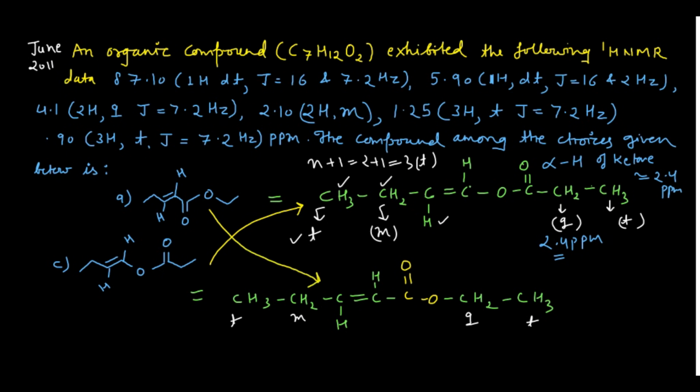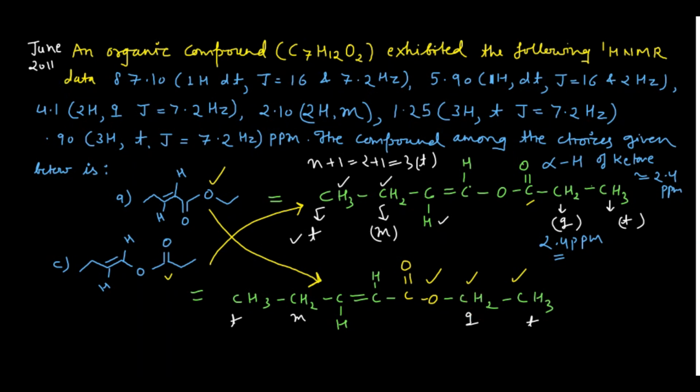Very sorry. Now it is clear. You see, this oxygen and this oxygen are connected with the CH2, CH3, and for this one, this is your carbonyl, and this is CH2, CH3. Sorry guys. So this structure is corresponding to this one, and this structure is corresponding to this one. Now let's check the chemical shift of these two.